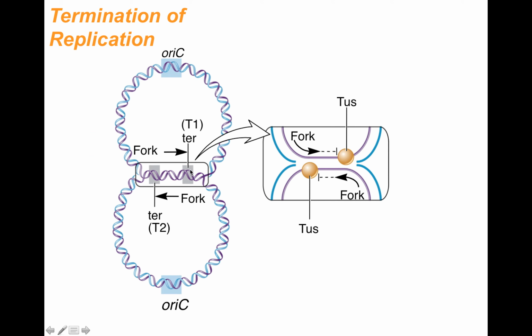Termination of replication occurs when the fork reaches the Ter sites. There are some proteins that help to separate the two intertwined strands of the two new chromosomes. They're called the Tus proteins, and they bind at the Ter sequences on the DNA.